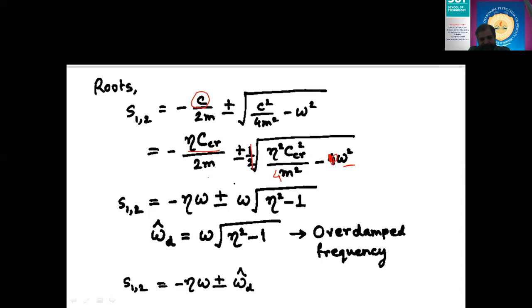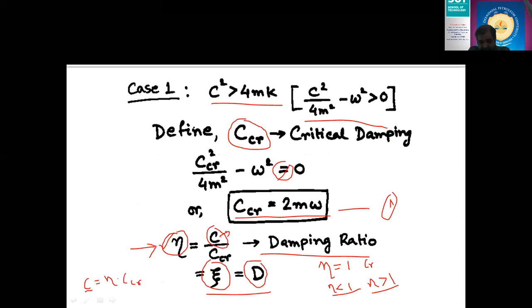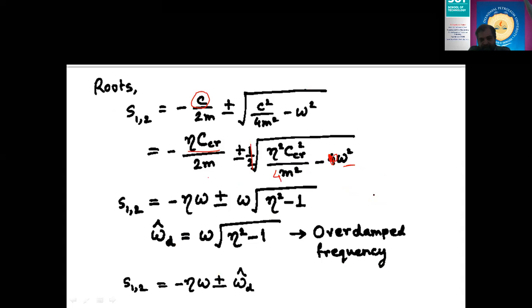So you can see from this equation, omega is equal to CCR upon twice m, right? So if you see here, CCR square upon 4m square is there, so it becomes omega square. Am I right? This will become omega square.